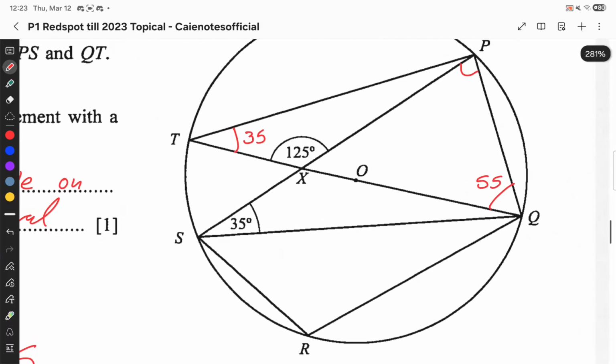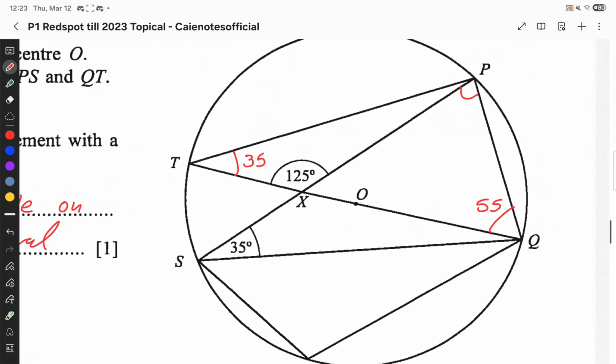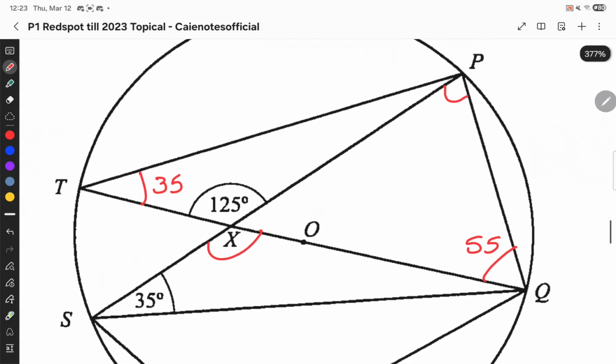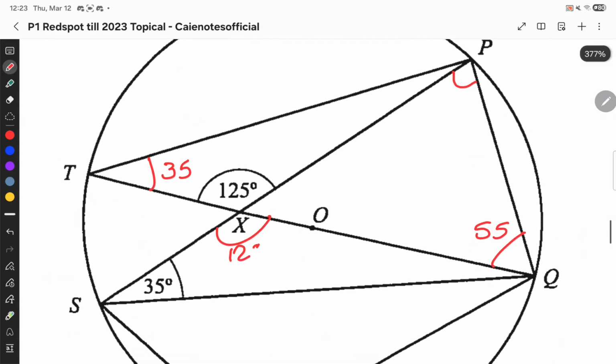So let's use this thingy. We know we can complete for this angle, then have this, and then complete for this angle. Why do we know this? Because we just do 125.